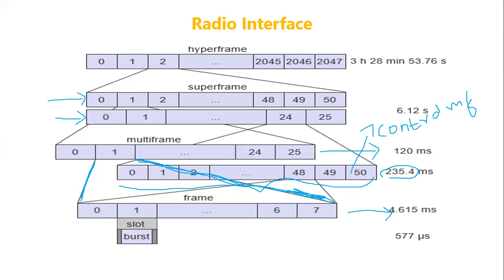So where is the multiframe in our case? This is a multiframe. So there are two ways of forming a superframe: combining 26 multiframes with 51 frames, or 51 multiframes with 26 frames.